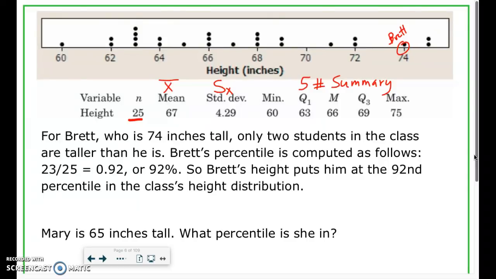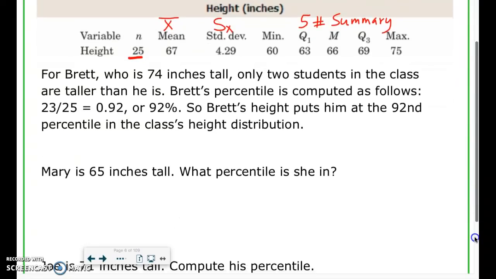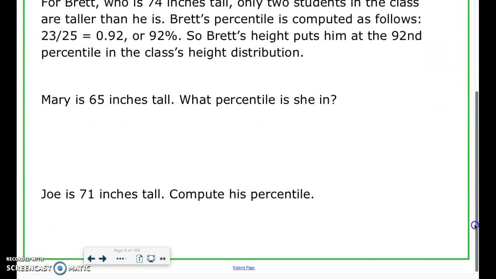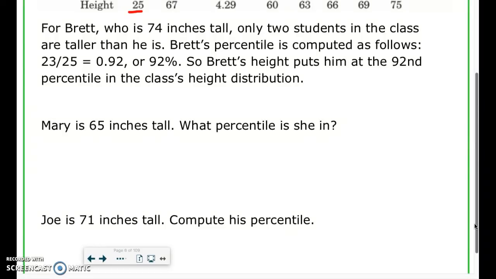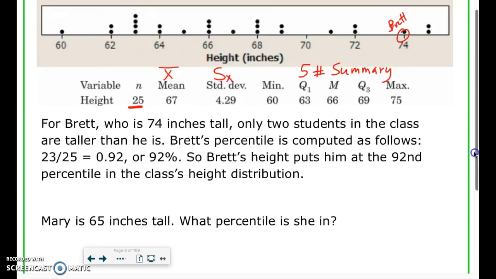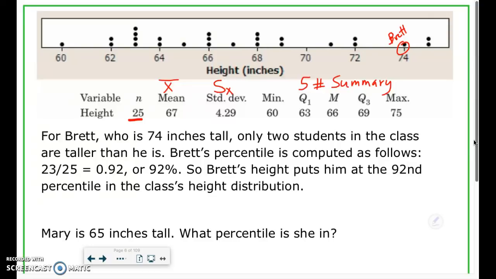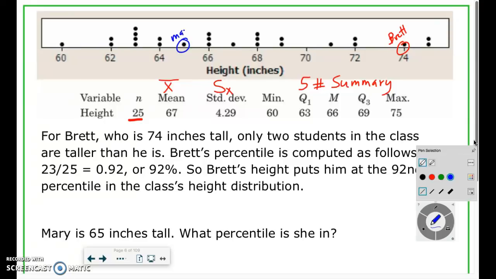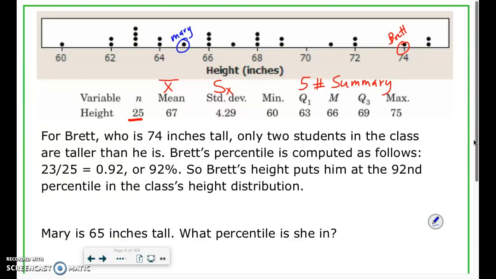Now let's look at Mary. Mary is 65 inches tall. Okay, what percentile is she in? So I'm going to do Mary with some blue marker. So 65, there's Mary. All right, and I want to find out what percentile she is in. Well, how many dots are there below Mary's height all the way up to her actual height? 1, 2, 3, 4, 5, 6, 7, 8, 9, 10.